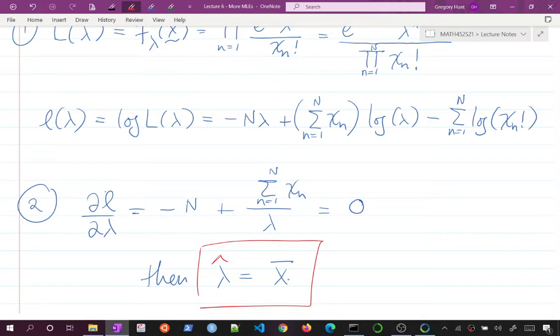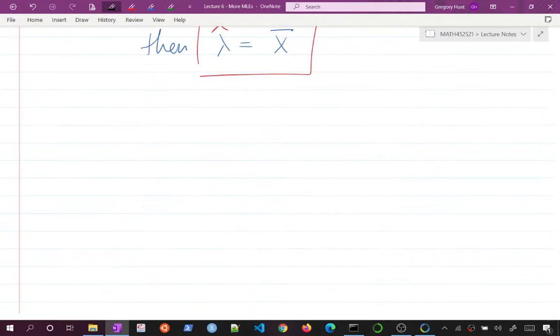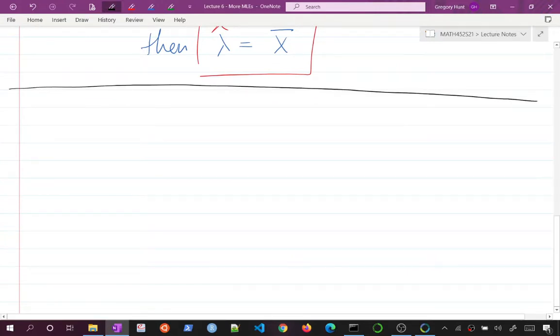Let's keep looking at some more examples here. Let's look at maybe an exponential distribution. Assume that we have data that is exponentially distributed. This also has a parameter lambda.